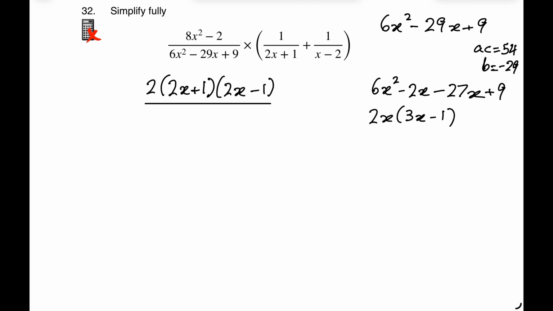And in the second half, I can take out a factor of minus 9, and that will leave me with 3x minus 1. So I can factor out the 3x minus 1, 3x minus 1, and 2x minus 9. Okay, so I have my factorised brackets.